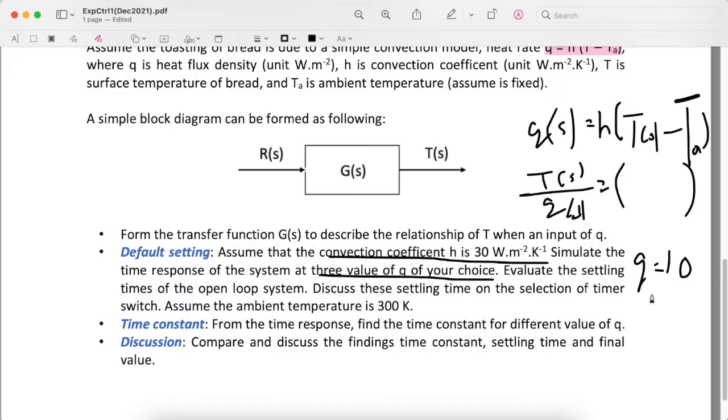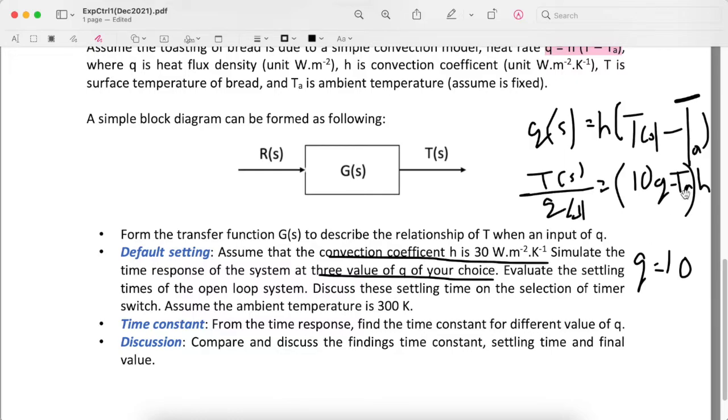Put Q equals 10, then you have your equations over here. Let's say you get 10 Q minus TA, I don't know if it's true or not. So you just insert all these, 10 over here, and also H, TAH.